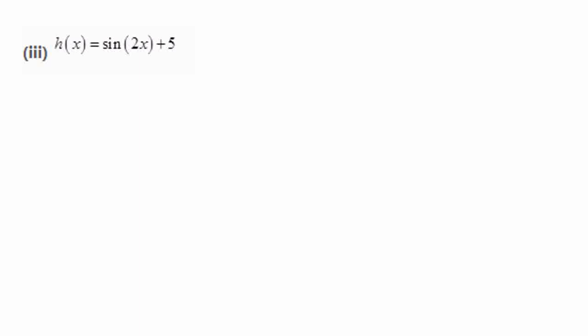Next question is h of x equal to sine 2x plus 5. So this also we can write h of x is equal to sine 2x plus 5. Since we know range of sine, we know sine range is what? Less than or equal to 1 and greater than or equal to minus 1. Now we should get the h of x value, that is plus 5 is there. So we have to add 5 throughout.